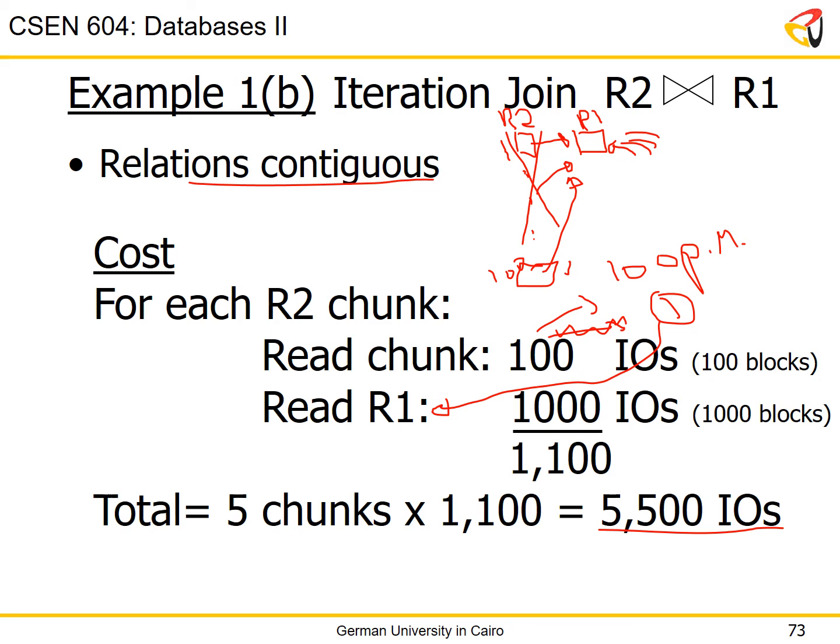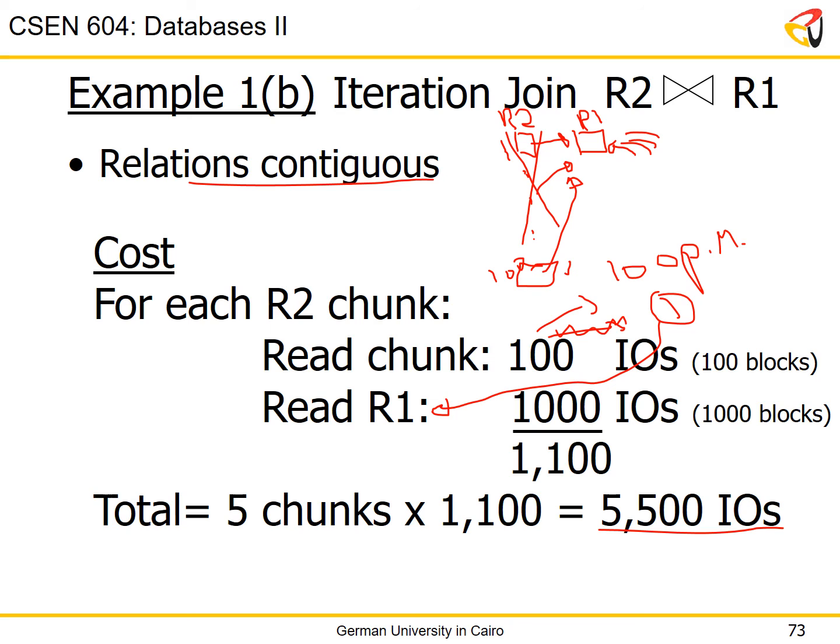From 1 to 100, all of these belong to R2, and I have only one page from R1. Once I have this set up, I will match the rows here with R1, and then the rows in this page with R1, all the way till the last page in the chunk with R1. And then when I'm done, I will delete the R2 chunk and put in the next 100 pages.